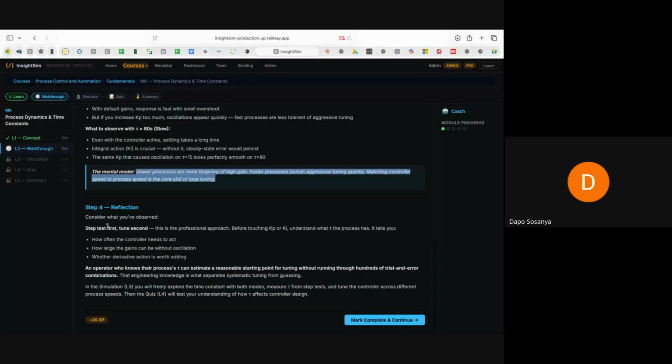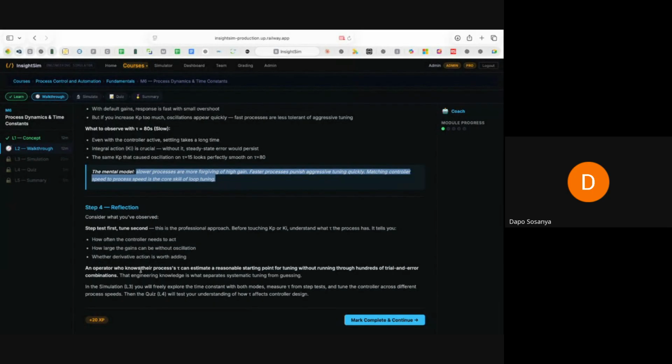And then reflection. You consider what you've observed. Step test first, tune second. This is the professional approach. Before touching KP or KI, understand what time constant the process has. It tells you how often the controller needs to act, how large the gains can be without oscillation, whether derivative action is worth adding.